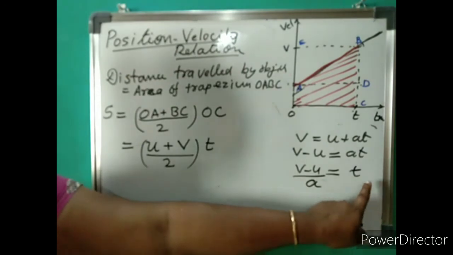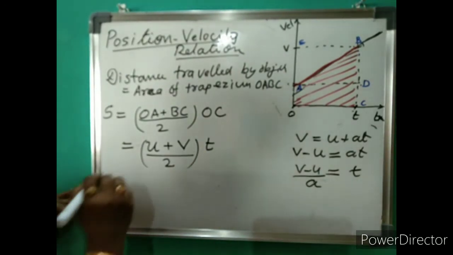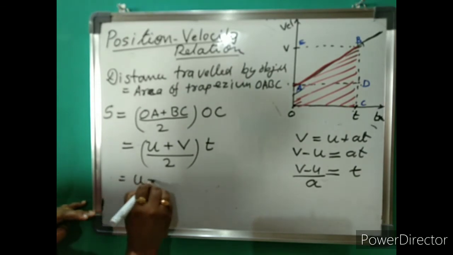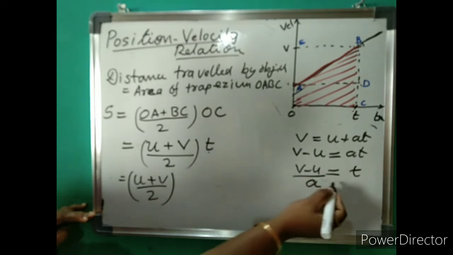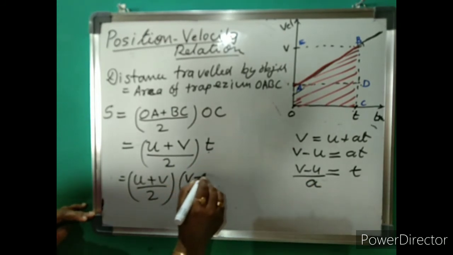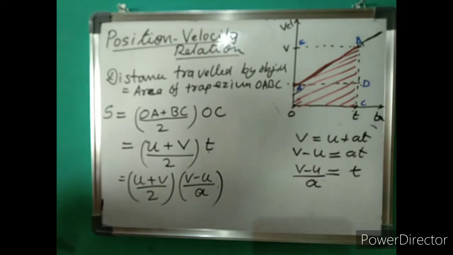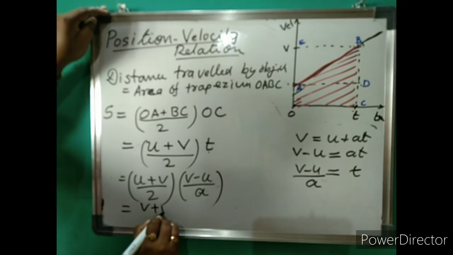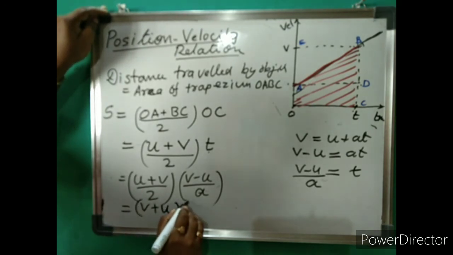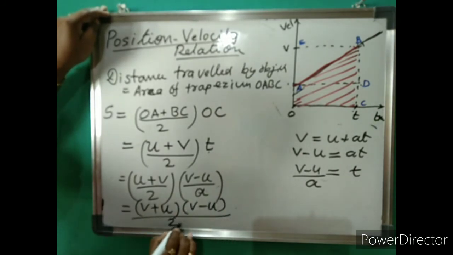We substitute the value of t into this equation. Then it becomes u plus v divided by 2 into v minus u divided by a, that is v plus u into v minus u divided by 2a.